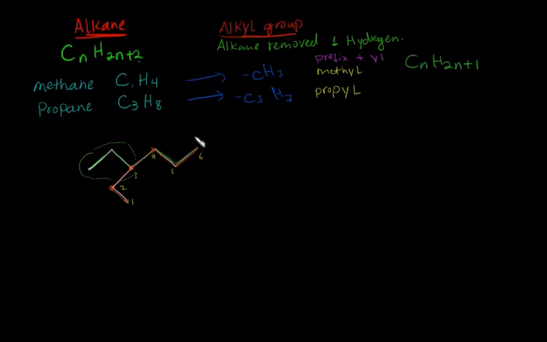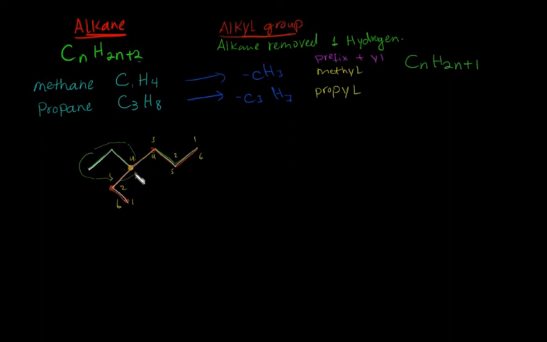And with the other side, 1, 2, 3, 4, 5, 6. So for this branch, or this substituent, what is the smallest number of the carbon it branches from?